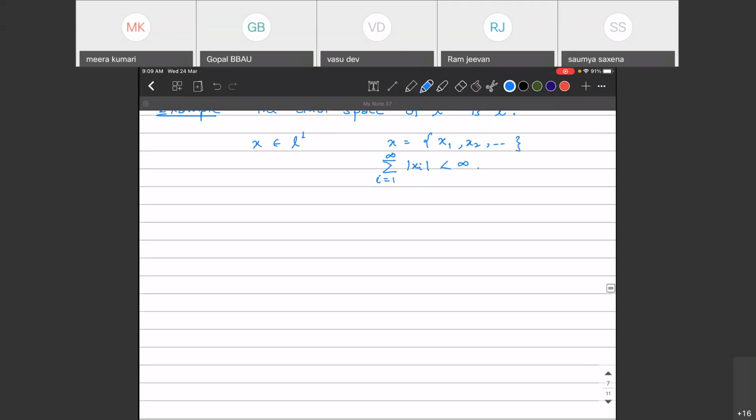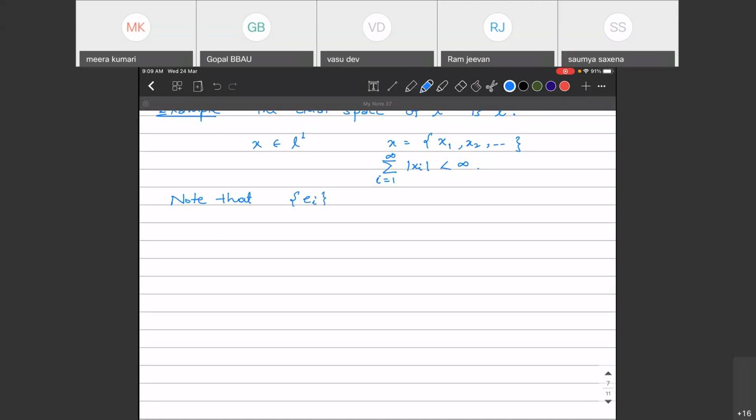We have discussed this earlier, and we note here that L1 has a basis. Note that the ei constitute a basis.